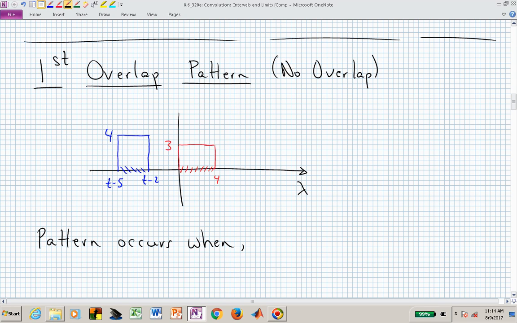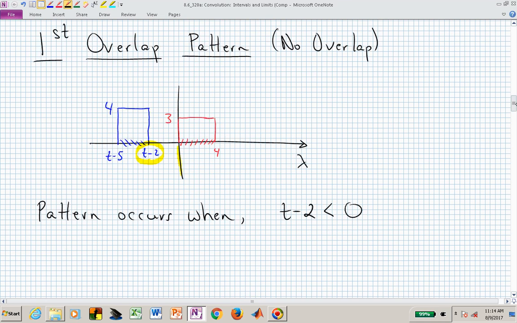And then we'll figure out how to compute y of t, which involves finding the limits on the lower and upper side of that integration operation. In this case, there is no overlap, and this pattern occurs when t minus 2 stays to the left of lambda equal to 0. So this pattern occurs as long as t minus 2 is less than 0.